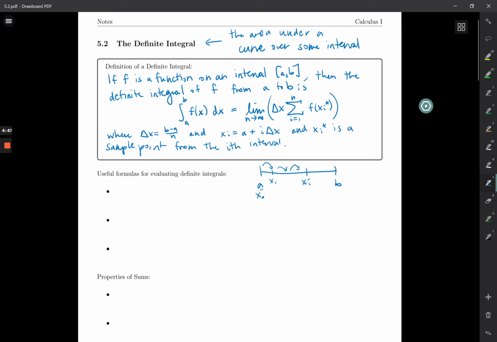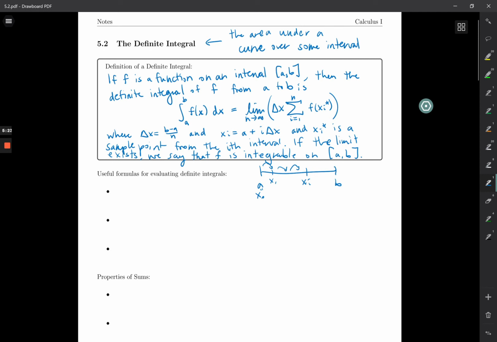And if it does exist, then we say that the function f is integrable on the interval a to b. So it is important that we note the interval from a to b because a function might be integrable on one interval but not on another, depending on what kind of function you're looking at.